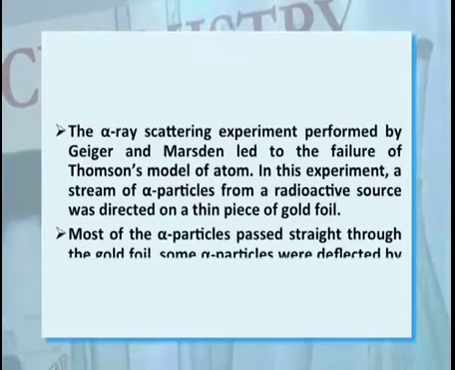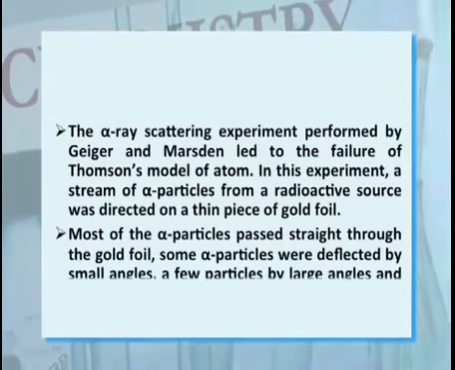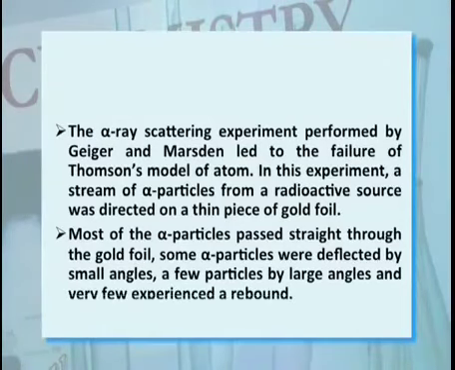Most of the alpha particles pass straight through the gold foil. Some alpha particles were deflected by small angles and a few by large angles, and very few experienced rebounds.